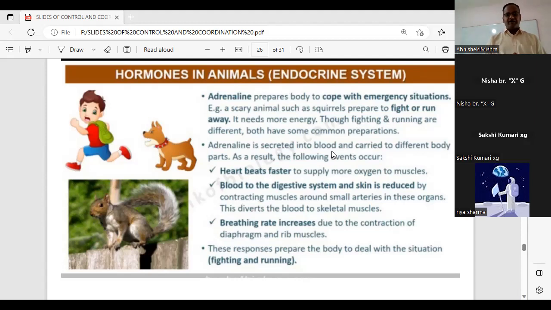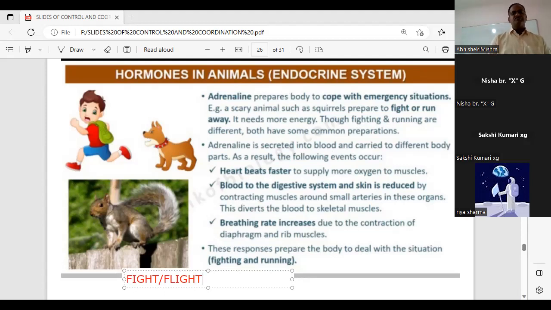These are the two: either fight, F-I-G-H-T, or flight, F-L-I-G-H-T. Fight or flight.